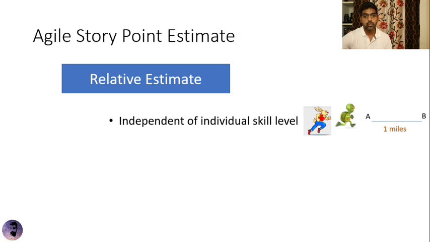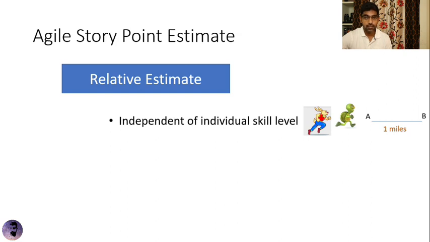But when it comes to story point estimates, both might come up with one story point. And don't think about the hours it takes to cover this one story point. It differs, but in story point estimates, all that we are going to talk about is story points. Both have a very good probability of saying it's going to take one story point because it's a smaller effort. So that is the main advantage.